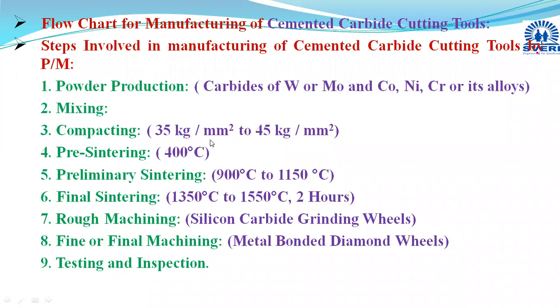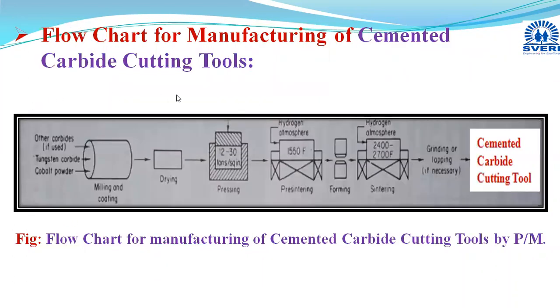Now the same I have highlighted here with the help of the flow chart. This is the flow chart for manufacturing of cemented carbide cutting tools by powder metallurgy technique. Tungsten carbide or other carbide particles, molybdenum carbide particles are manufactured. Cobalt powder particles are manufactured by a reduction method, and they are given to the milling, or mixing process.